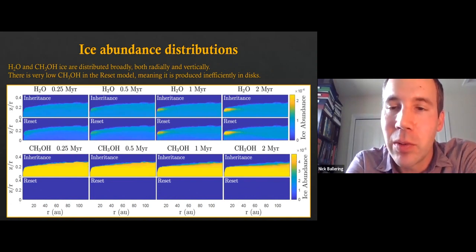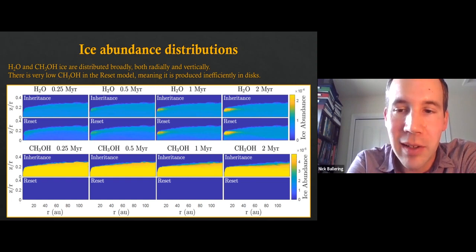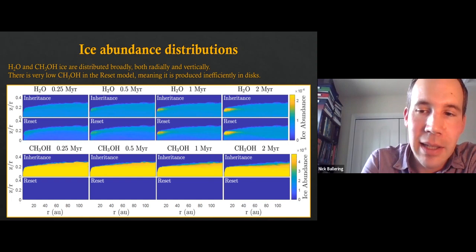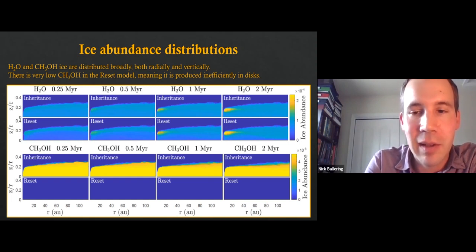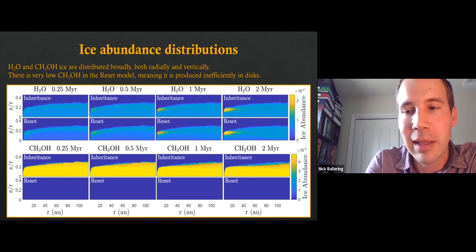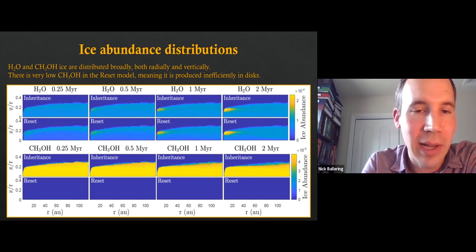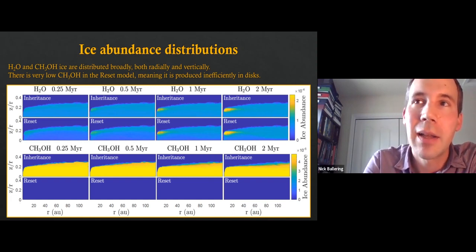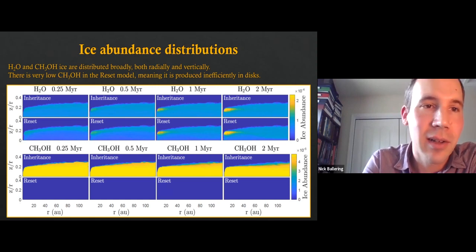What I would have to do to answer that question, and this is possible, is go into the chemical code in more detail. What's possible is you can look at any point in the model at any given time and see what the dominant reactions are that are happening. So what I'd want to do is check. Methanol is usually formed on dust grains, right?